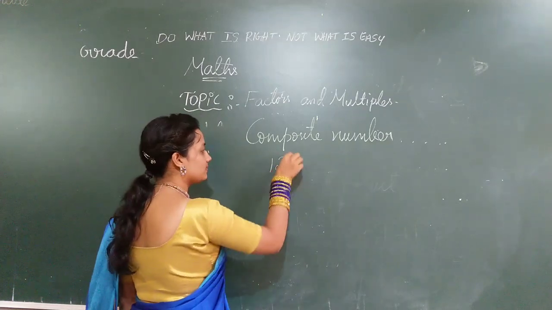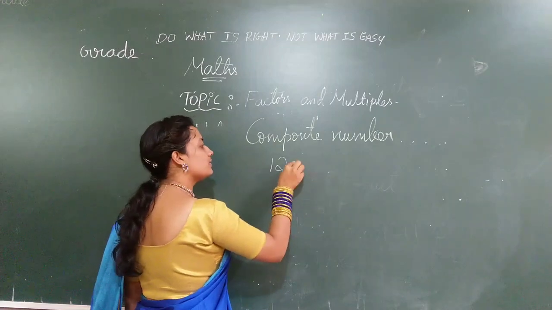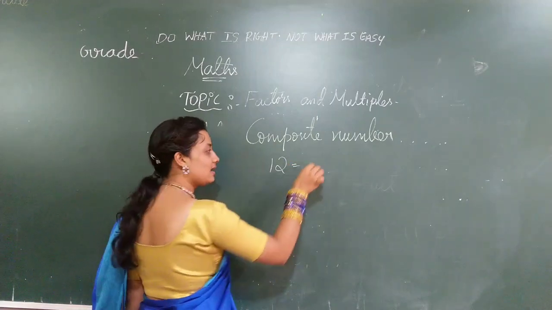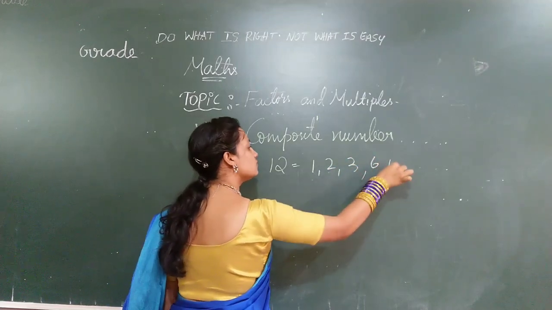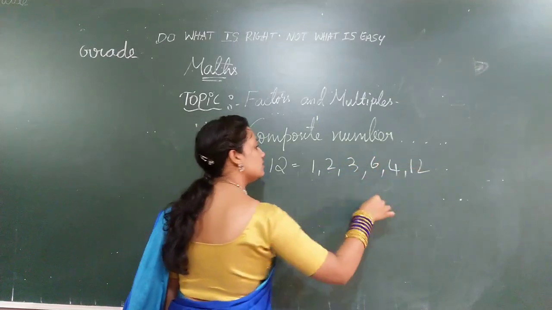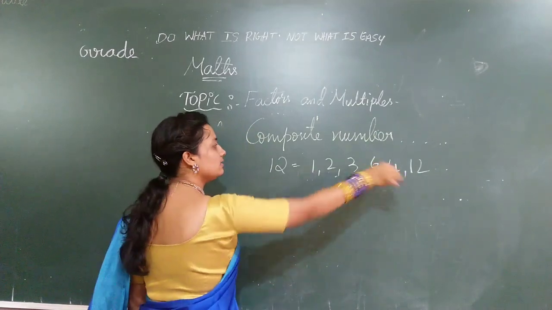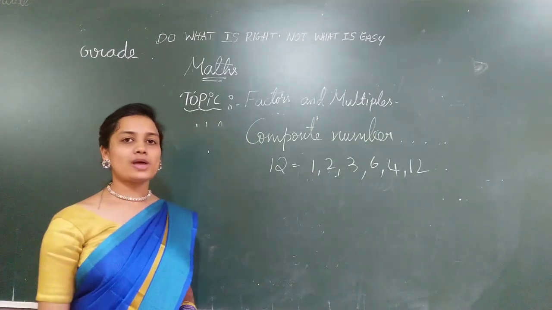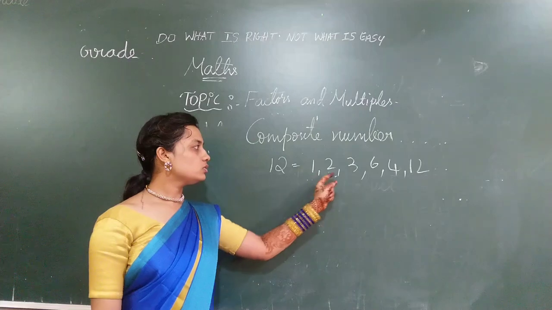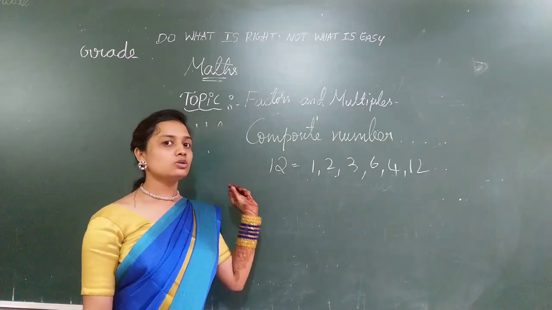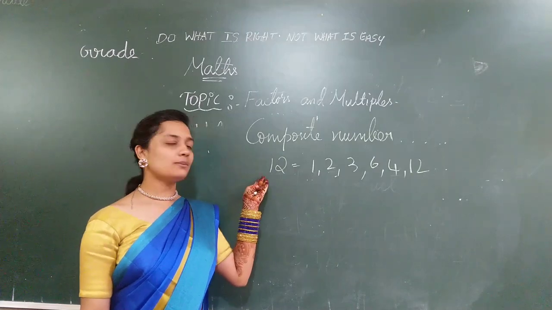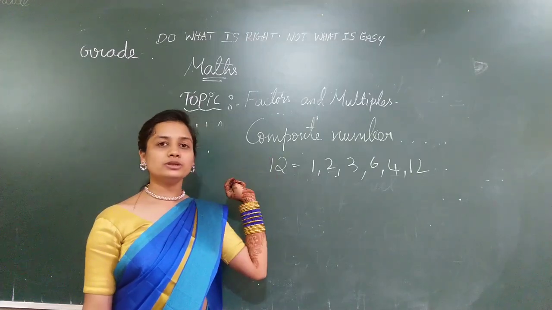Let's take 12. We just found out the 12 family members. Factors are 1, 2, 3, 4, 6, 12. So these are the factors of 12. There are 6 factors, so more than 2. Then this number 12 is called a composite number.